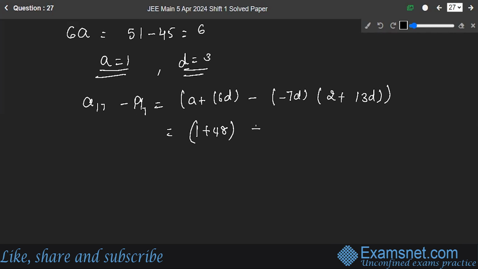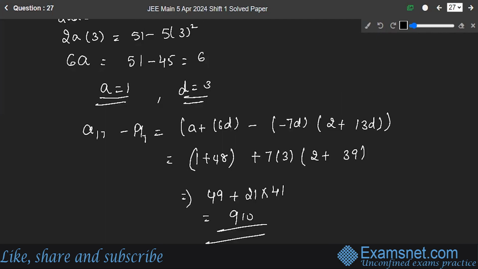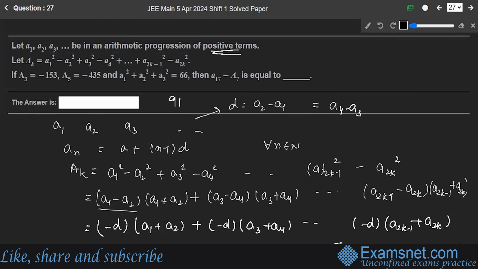Okay. So this is plus 7 into 3, which is 21 into 2 plus 39. This is 49 plus 21 into 41. And on solving this, you will get 910 as the answer. So this is the answer to the question, 910. Hope you're clear with this. 910. Okay, there is no option. Let's move to the next question then.